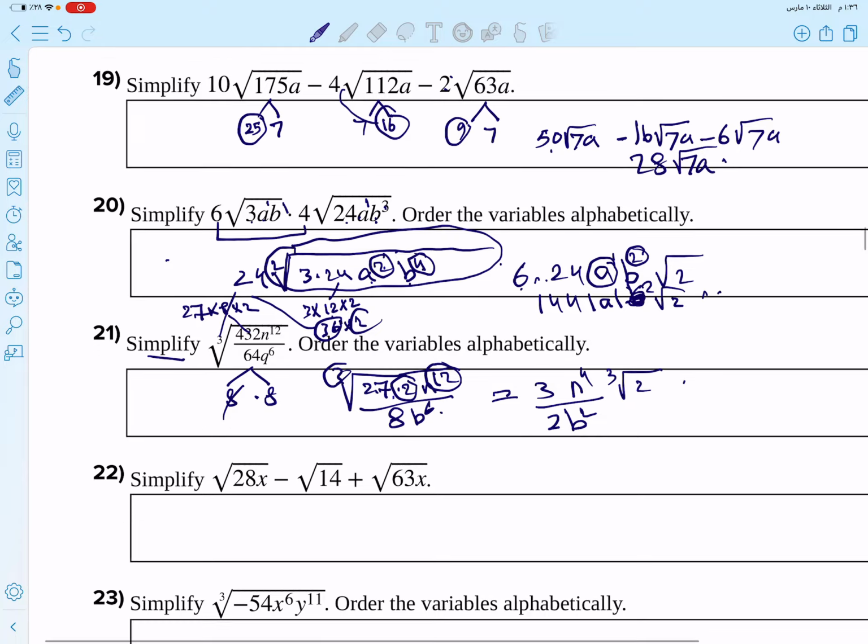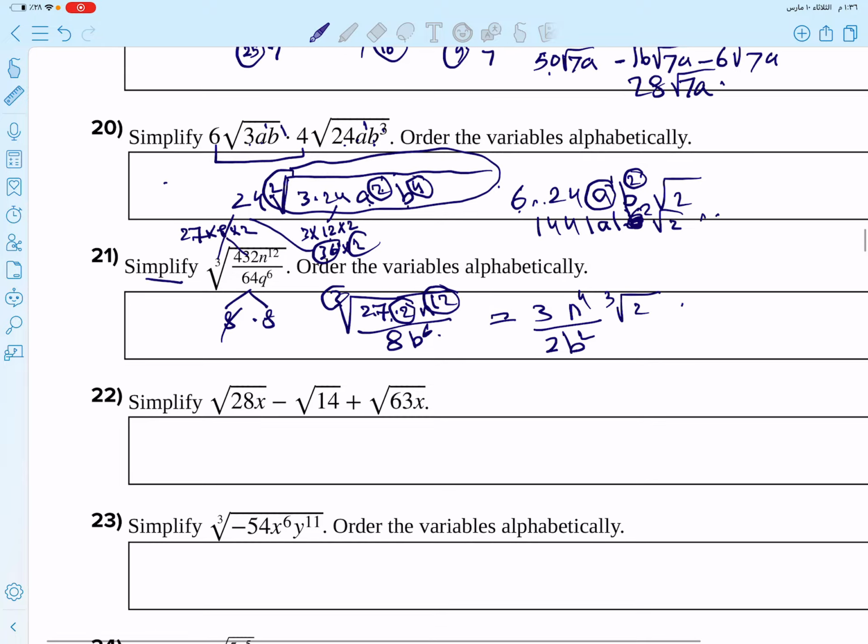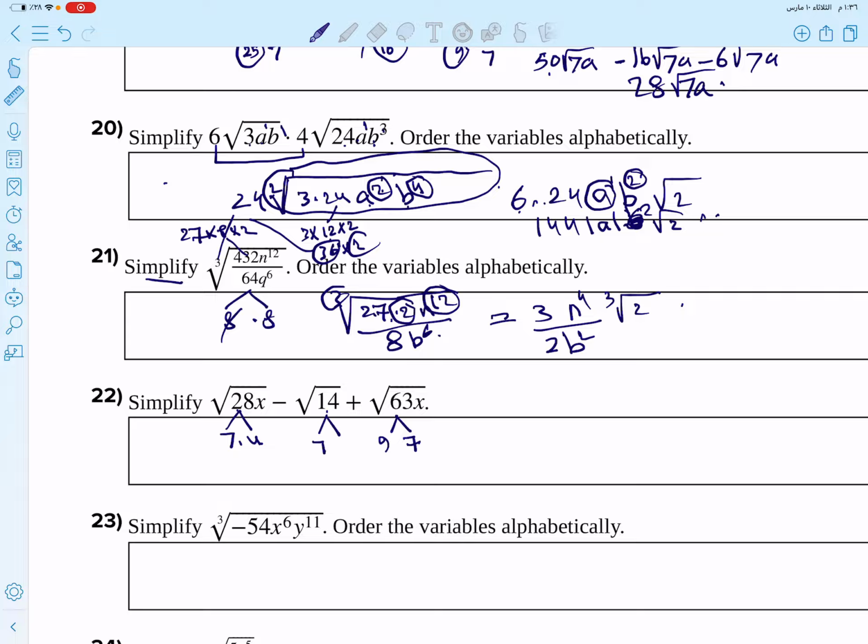Okay, the next one, I need to simplify that. So 28, I can write 28 as 7 times 4, and here 9 times 7, about 14. I don't want to write 7 times 2 because I don't have the square root of 2, so I keep it here, 14.